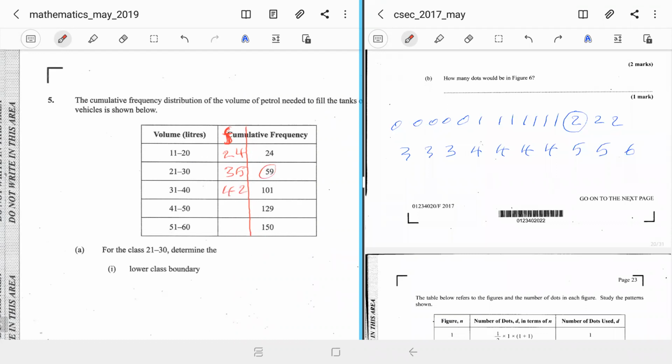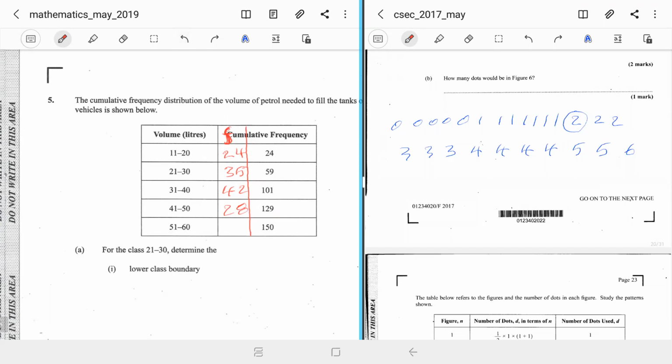Right, so the 59 we have so far plus the 42 is 101. And what do you add to 101 to reach 129? You're going to subtract them, right? It's 129 minus 101. So you have to add 28 more. Now what do you add to 129 to reach 150?